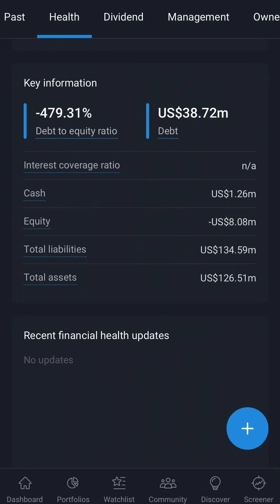And also looking at the debt to equity ratio, it is around negative 479.31%. So indirectly the debt to equity ratio is around 4.7. So this tells you that the debt to equity ratio is around 4 or maybe 5 to 1, meaning for every one equity the company has, the debt is around 4.